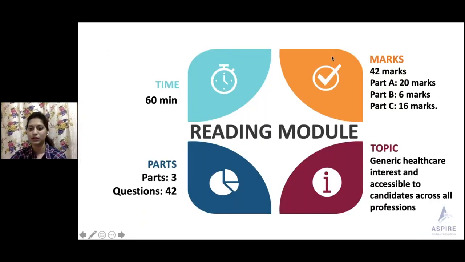All right, so yes, let's see how the reading module goes. The reading module is for an hour, and there are three parts again, just like the listening module: part A, part B, and part C. Same number of questions, 42, same amount of marks.